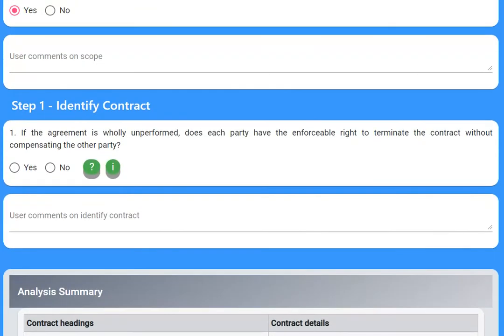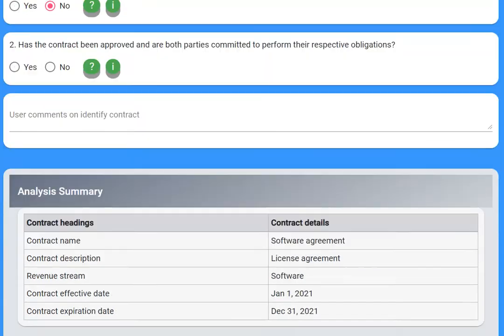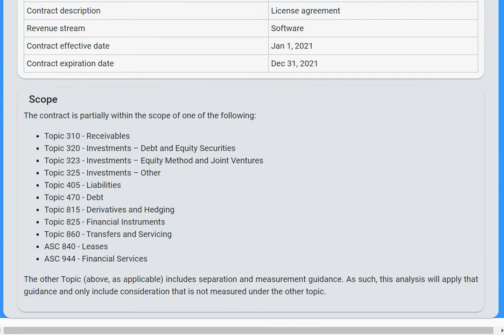However, if you say no, the report language changes, and what this is now saying is that the other area of guidance does not provide separation and measurement guidance. So hence you would apply the principles of ASC 606 or IFRS 15 to determine how to separate the components and how to measure the components of the contract.